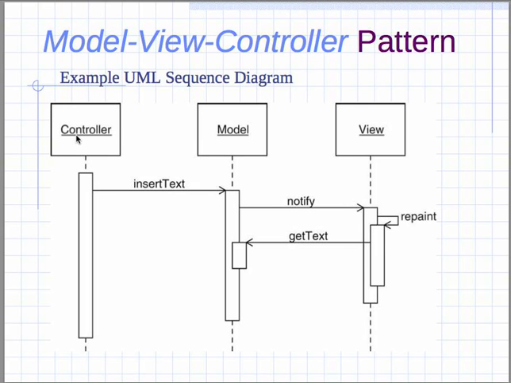Assuming that the controller has been clicked, it would say something like insert text into the model, which will send out a message saying something has changed, in this case some text was inserted, and so it'll notify the view. The view will say, okay, something has changed, so I need to repaint. The way to do that would be to get this new text, which returns, and then it does a repaint, and then it's done. It's been updated.